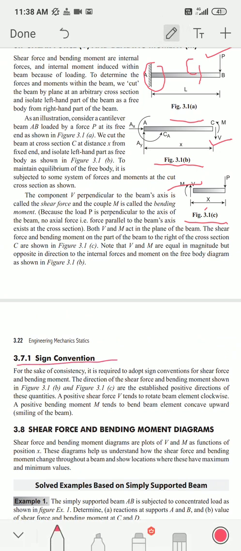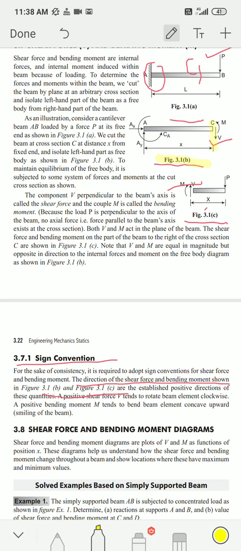Note here, the directions of shear force and bending moment shown in figure 3.1b and figure 3.1c are the established positive directions of these quantities. As shown in figure 3.1b, the shear force acting downward is positive.